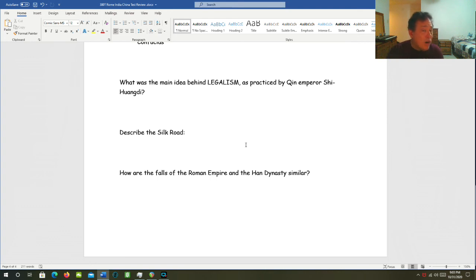In fact, parts of it were quite hazardous and quite difficult to go along, and could even be dangerous. But not only silk traveled along that road. Many different goods were transported, as well as ideas, innovations, and even diseases.